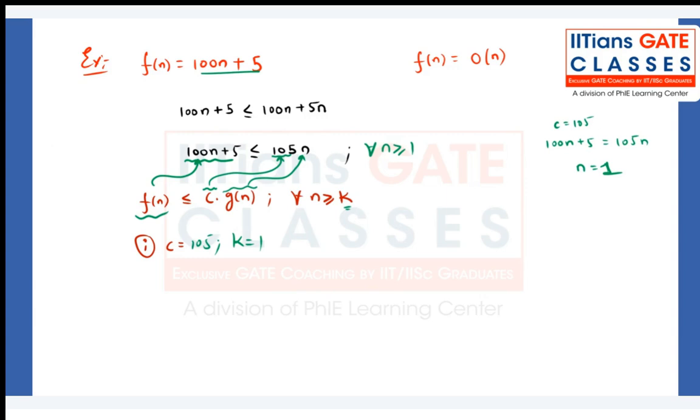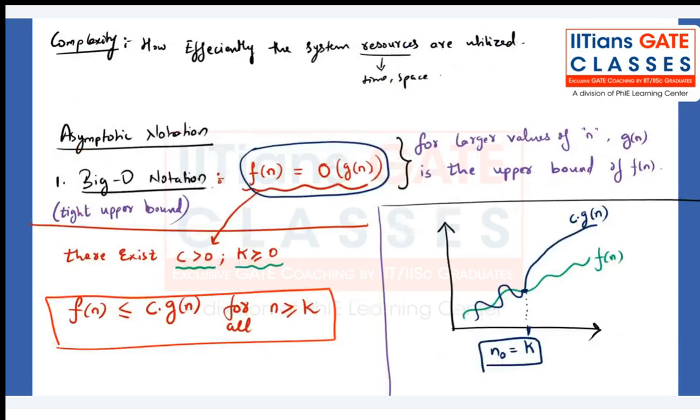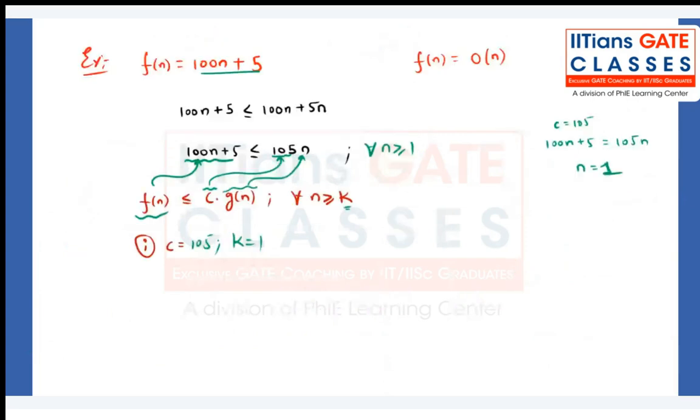This is just to make it more intuitive, because we need to see what we have studied till now. We have just studied this notation, this particular inequality. This is all that we know about this. So what I'm trying to do is put this particular function in that inequality so that I get a constant c and a constant k. That's all we are trying to do here.